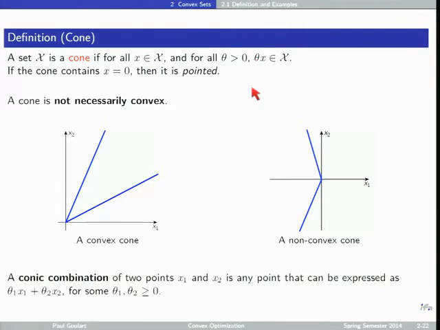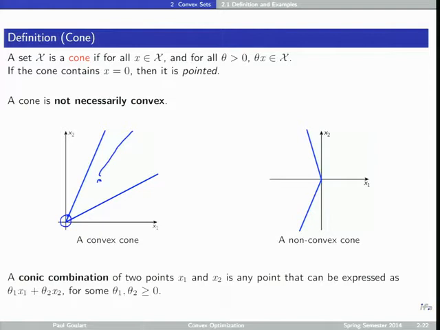What this means is that if I take any point here and move in a straight line away from 0, then I stay inside the set. And if I include the point 0 down here, then I say that the cone is pointed, because if I look at the figure, it looks pointy at the end. But if it doesn't include the point 0, then we say that it's not pointed.